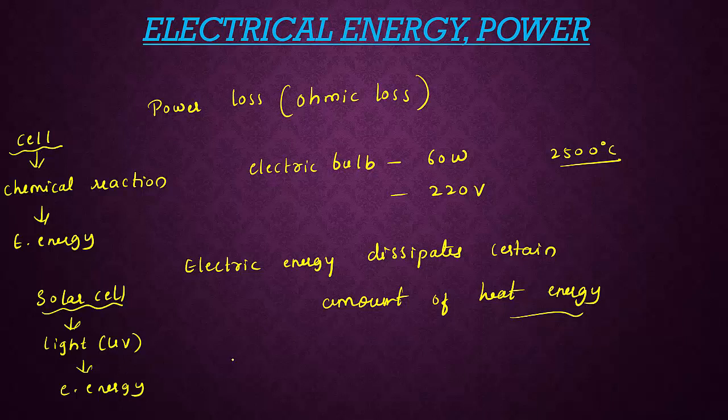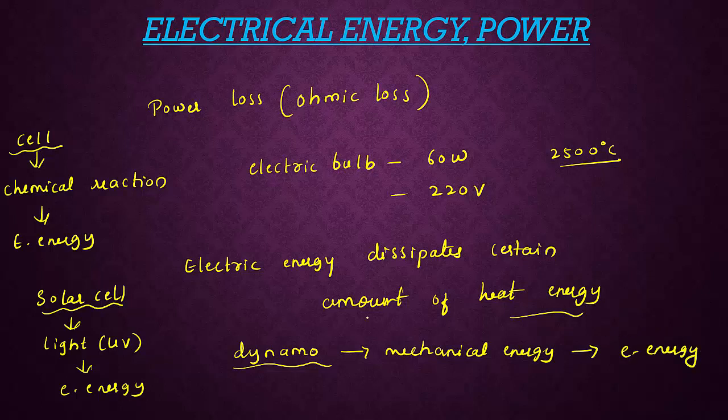Suppose you are going to use a dynamo. Inside the dynamo, mechanical energy is converted into electric energy. When we consider a cell, chemical energy is converted into electric energy and it releases a certain amount of heat.